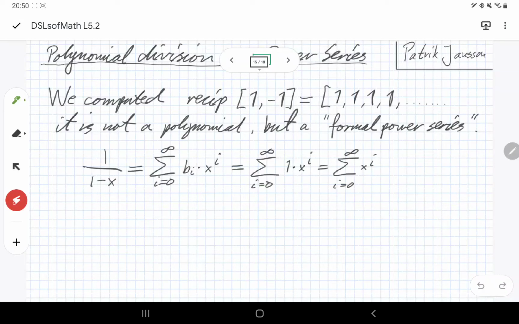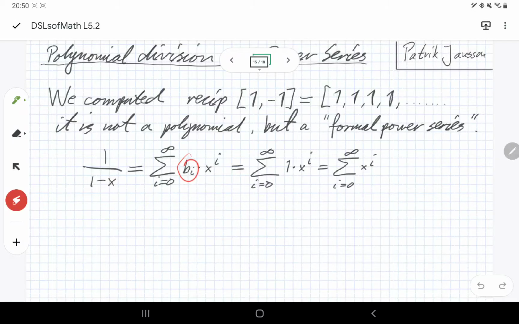Okay, what have we now proven? Well, we computed the reciprocal of 1 minus x, and we got the infinite list, or the stream, of just ones. As it's infinite, it's not a polynomial, but it is what is called a formal power series. And if we write it on the mathematical side after applying eval, we can say that 1 over 1 minus x, which is what we're trying to represent here, is the infinite sum of b_i times x to the power of i.